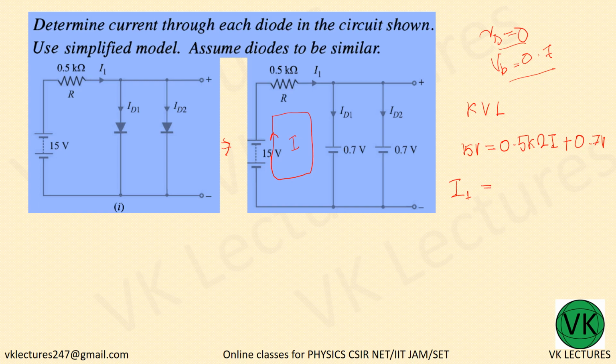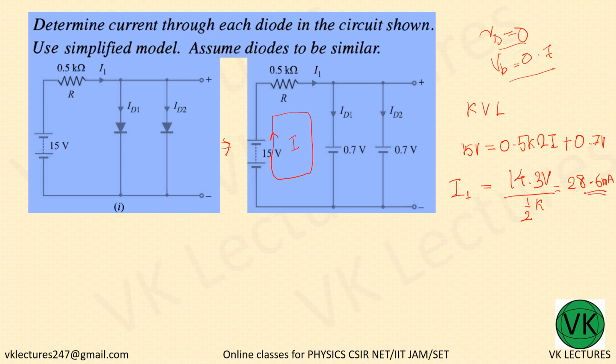I1 is equal to 15 minus 0.7, which is 14.3 volt, divided by 0.5 k, so I can write it as 28.6 milliampere. That is I1.